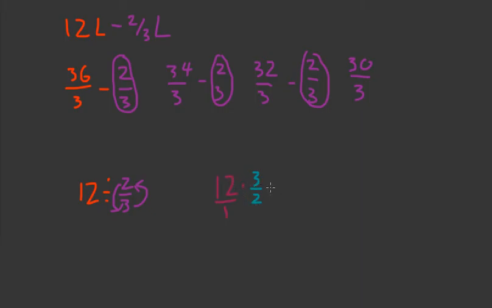What's 12 times 3? Well, 12 times 3 is 36. And 1 times 2 equals 2. And 36 divided by 2 equals 18.